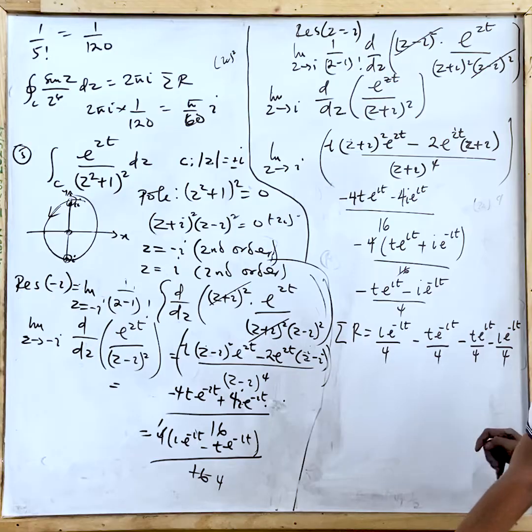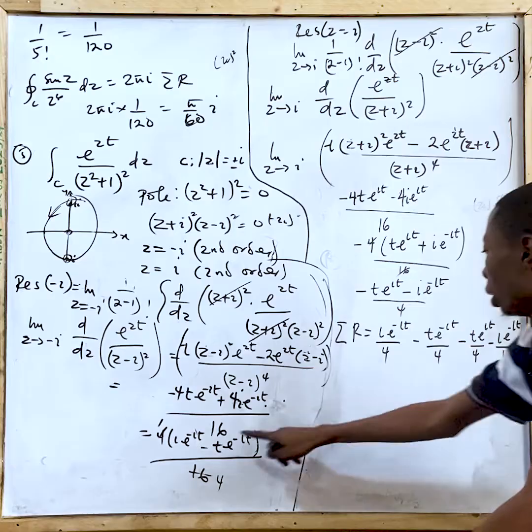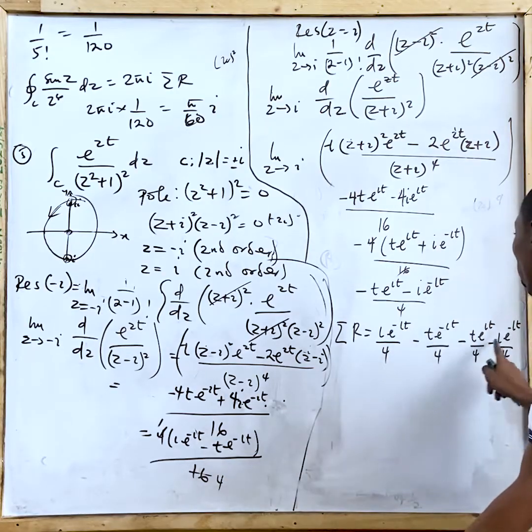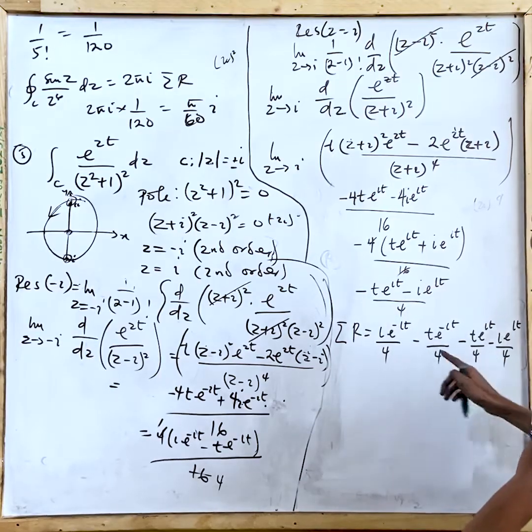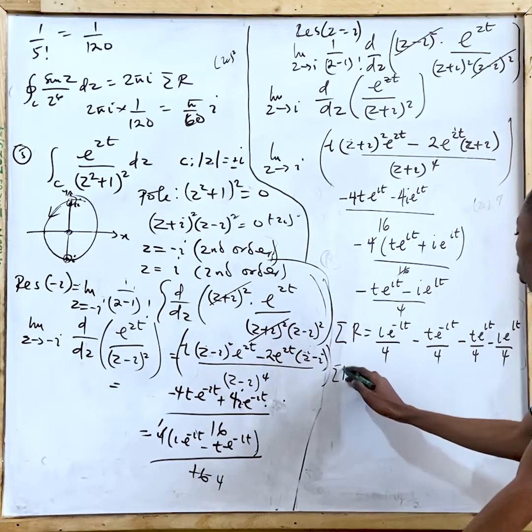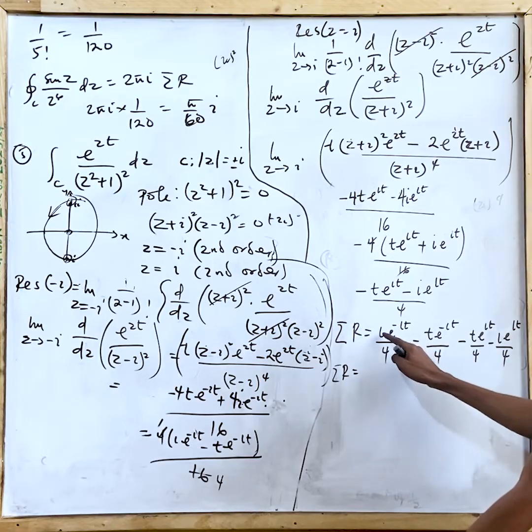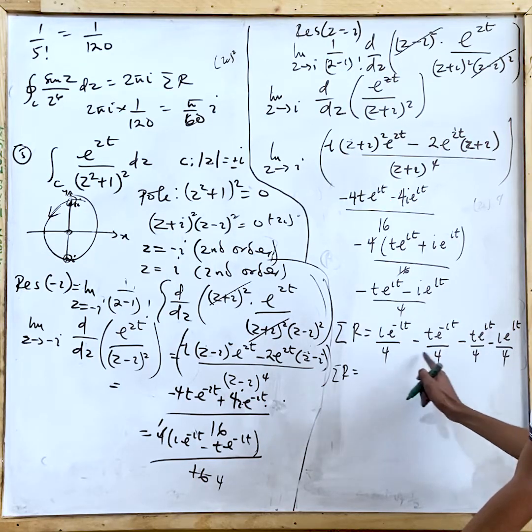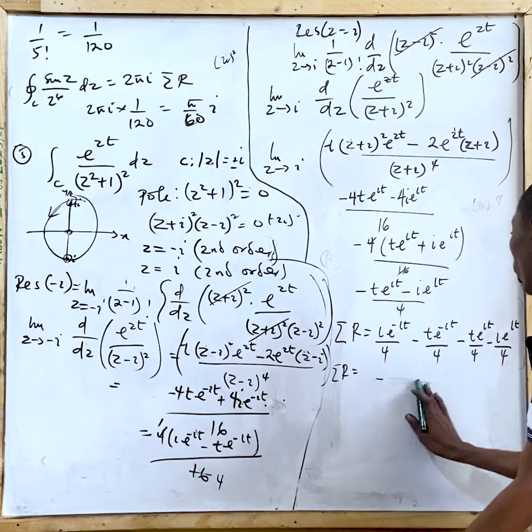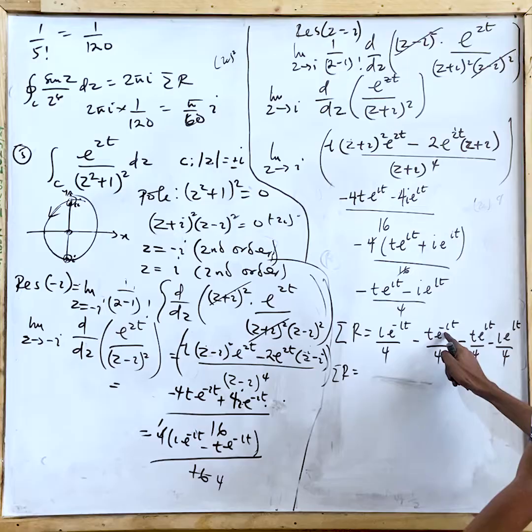So collect like terms. The sum of the residues will now give us the ones with e raised to the power it and e raised to the power minus it. The one with t and the one with i.